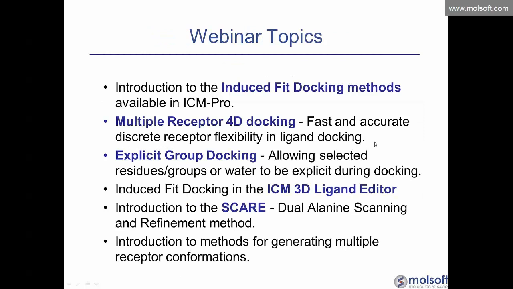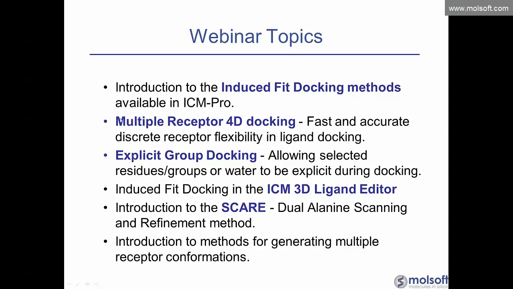So today's webinar topics. We're going to start with an introduction to some of the methods that we have incorporated in ICM. We are going to look at some different methods for incorporating flexibility during docking. One of them is called 4D docking, which is basically multiple receptor docking.